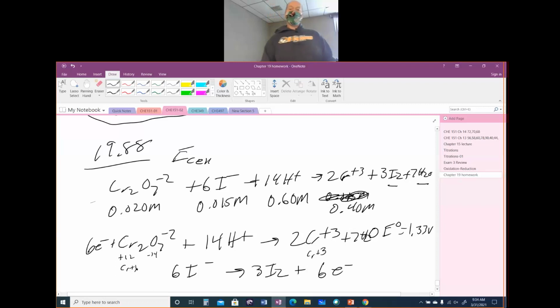All right, but the one that you see on the chart is 2I minus goes to I2 plus 2 electrons. You had to multiply it by 3 in order to get 6 electrons lost and 6 electrons gained. Even though you had to multiply it by 3, you do not multiply your E value right off the chart. Your E value is negative 0.54.